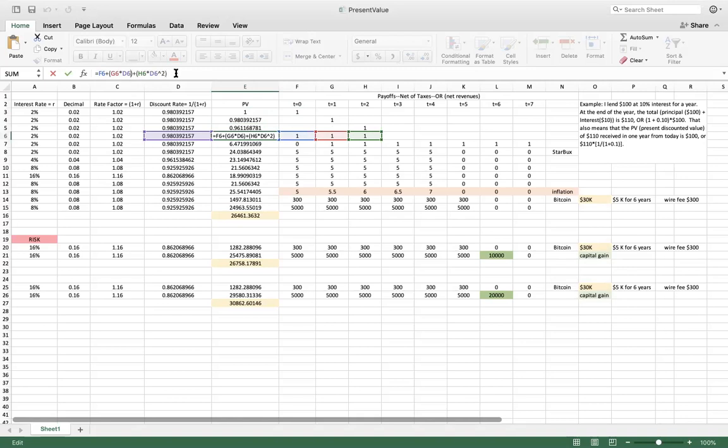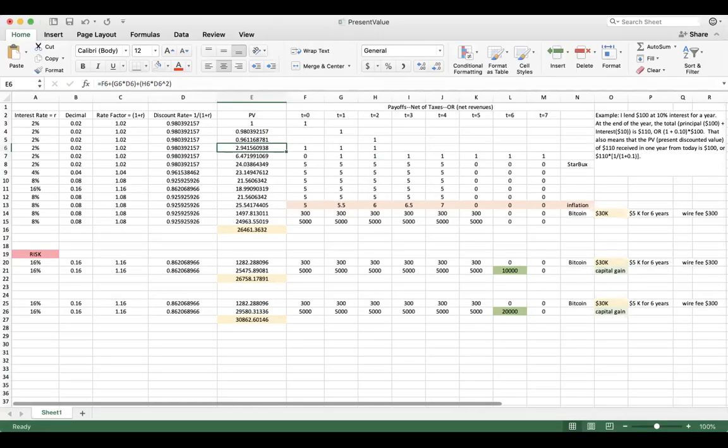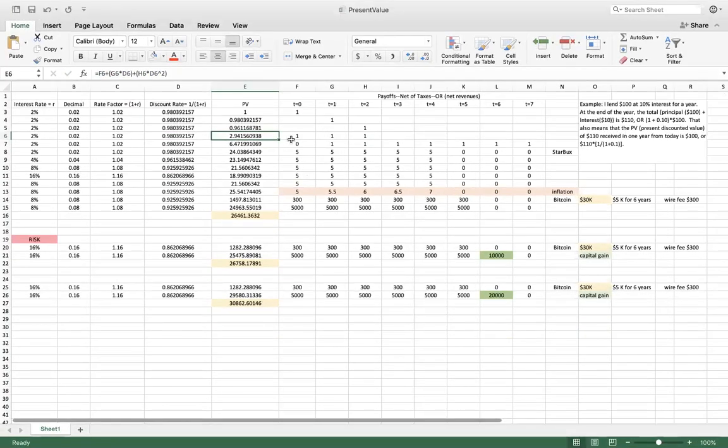More generally, we can see that type of promise, $1 every year, and this is actually the calculation for the value of a bond.